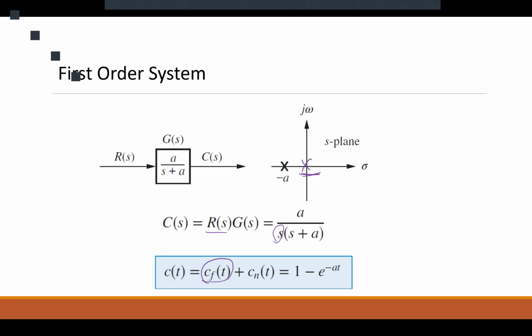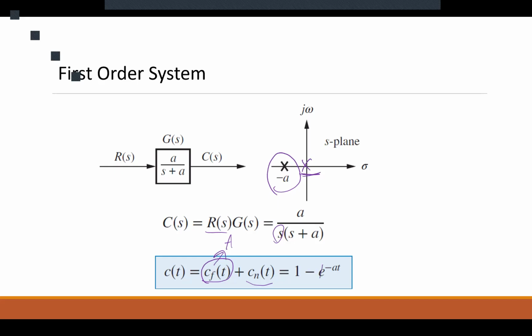which is the forced response of a system, which when you have a step function is going to be a constant number, like A. And then we have the natural response of a system, which we know has one pole. It is minus a, so it's going to be a coefficient times e to the power of minus at.